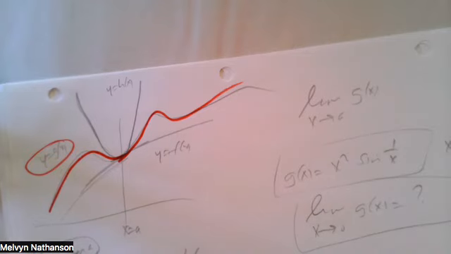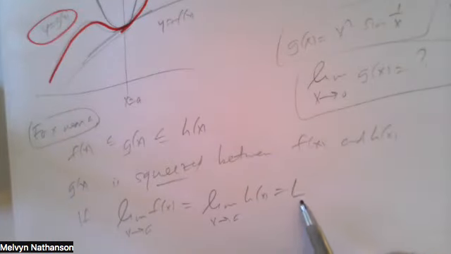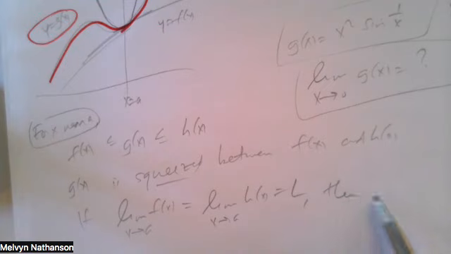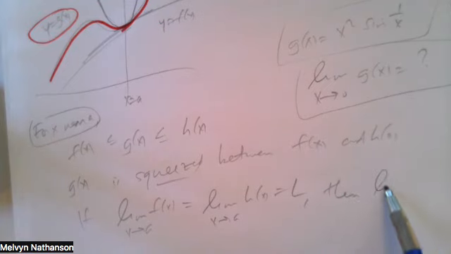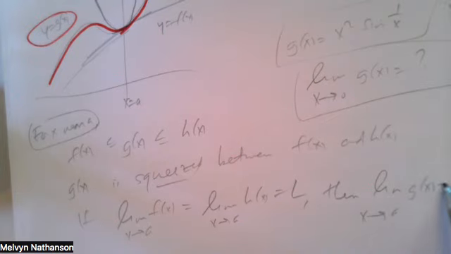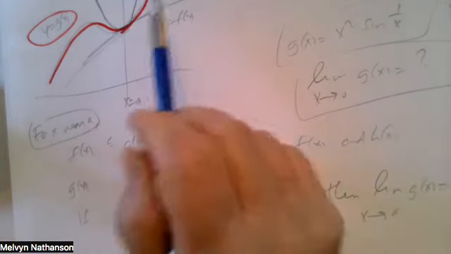F of x is below, h of x is above. But if the limit of f of x as x approaches a and the limit of h of x as x approaches a exist and equal some number L, then this function that's squeezed in between them has the same limit. The limit as x approaches a of g of x is also equal to L.